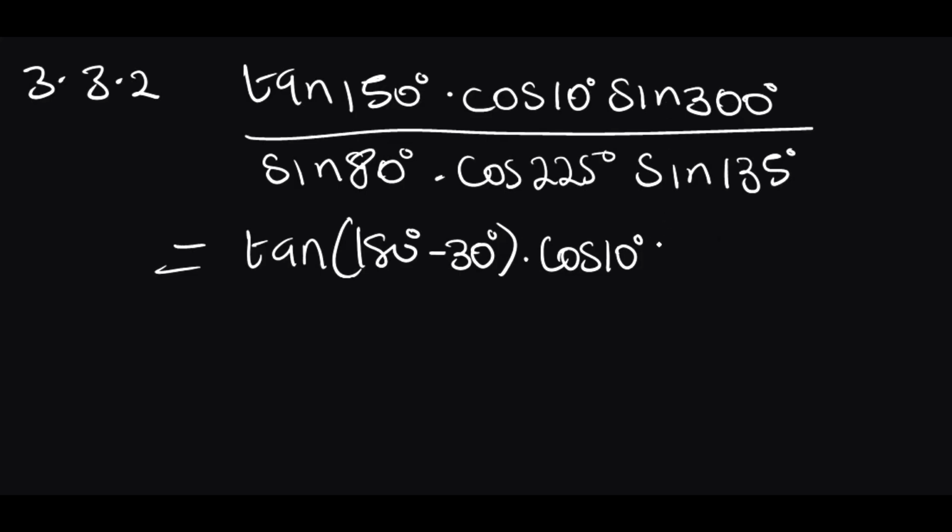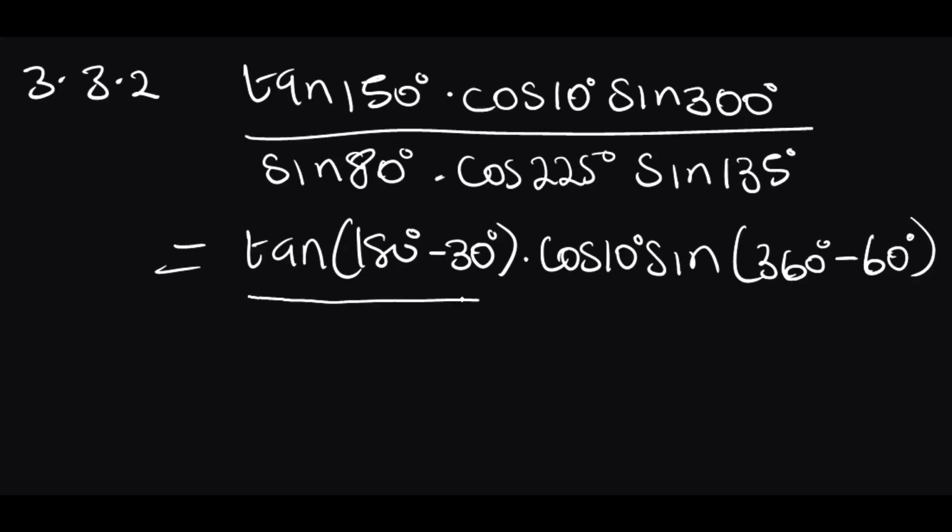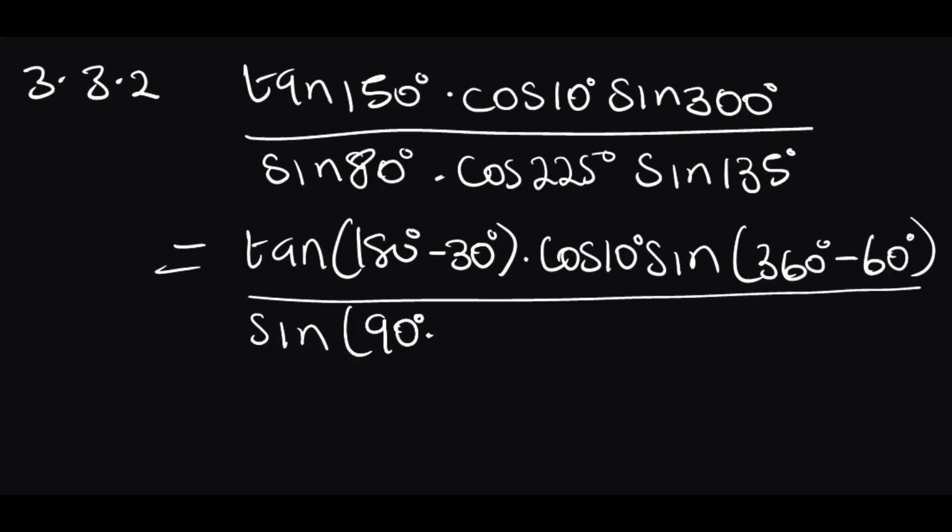Sine 300 can be written as sine of 360 degrees minus 60 degrees, all over sine 80 degrees, which can be written as sine of 90 degrees minus 10 degrees.